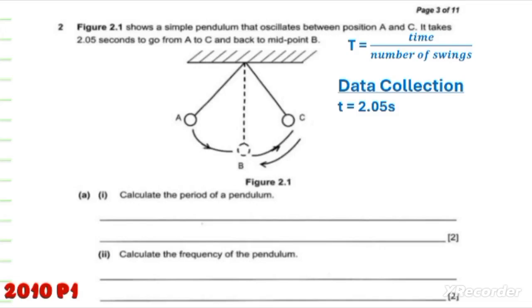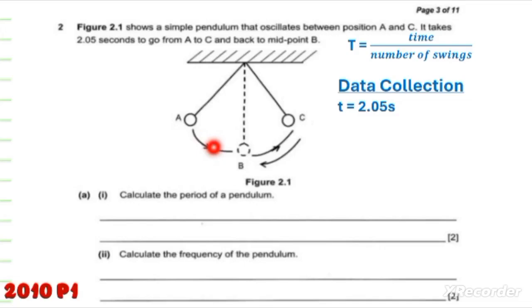Then the number of oscillations. Let us pay attention so that we understand. Four quarters make one complete oscillation. As we can see here, we have 3 quarters instead of 4 quarters.